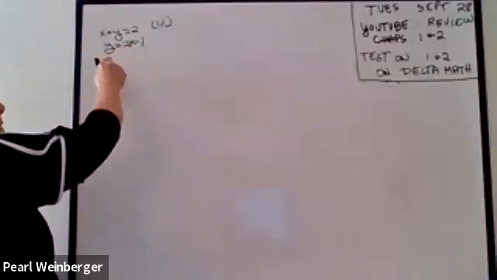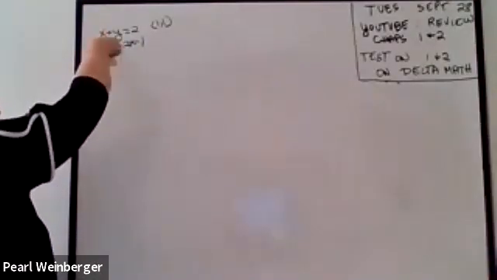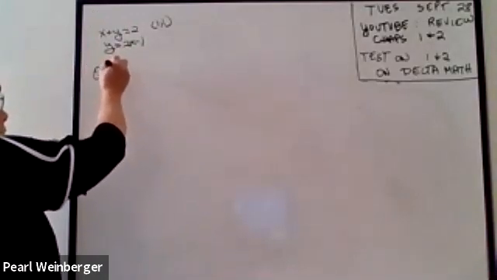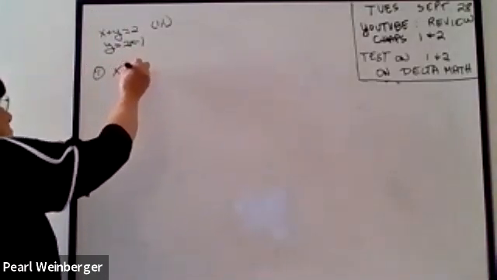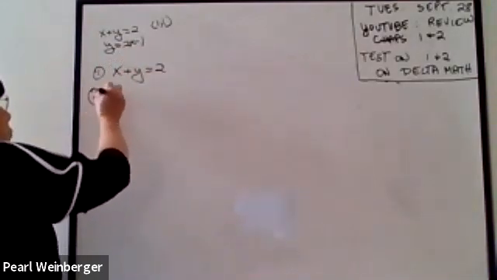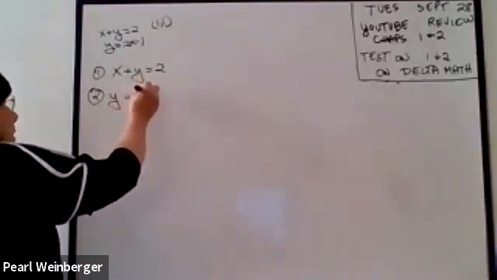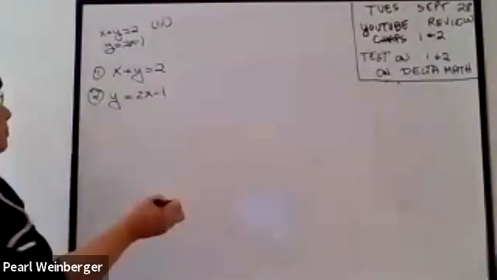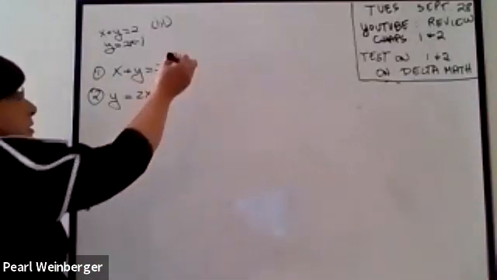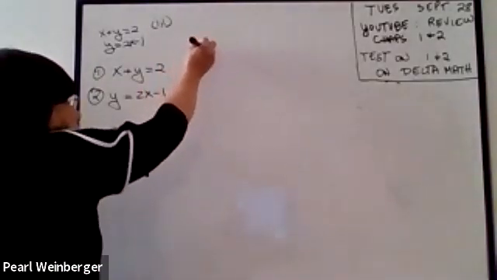Okay, so I'm going to demonstrate it using our original examples. Our first equation was x plus y equals 2, and our second equation was y equals 2x minus 1. And the method I'm going to be using is something called the method of substitution.